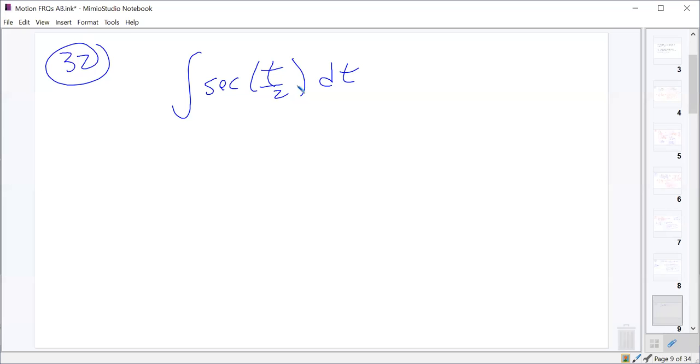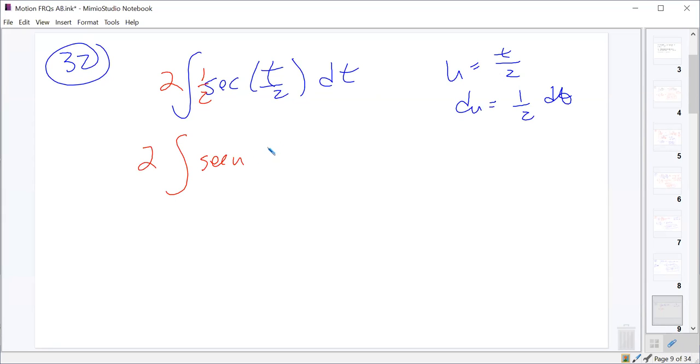It's fun. First, we're going to do a u substitution. So we're going to put a 1/2 in, put a 2 in. So we end up with 2 times the integral of secant u du. Then you need to know how to integrate secant u, which you don't know how to integrate, which is fine because you don't need to.